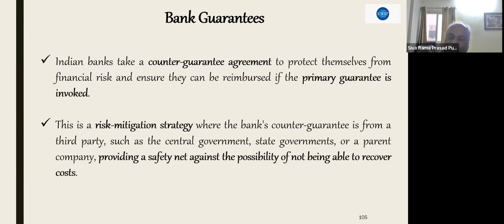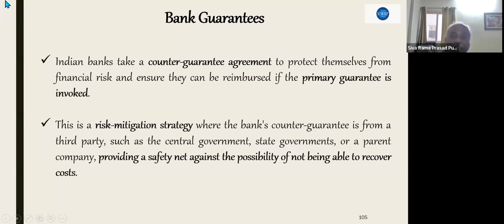Okay, 100 crores you are asking, 50 crores you have given as margin, and for the remaining 50 crores the parent company has to give the counter guarantee, or the directors of the subsidiary company.